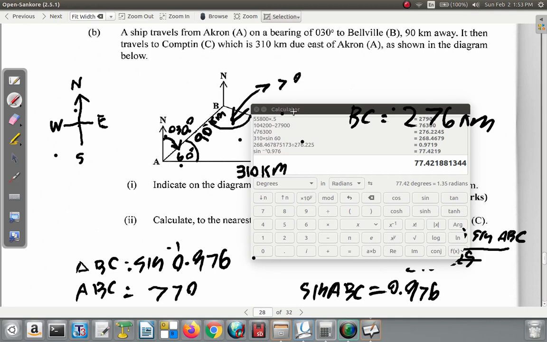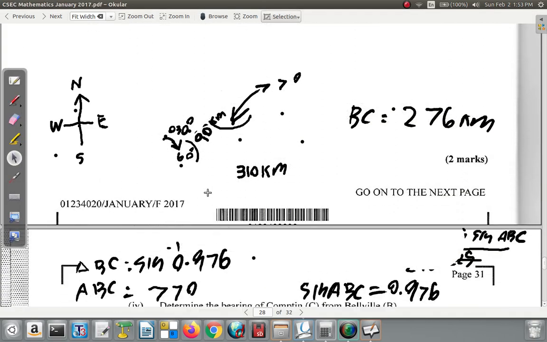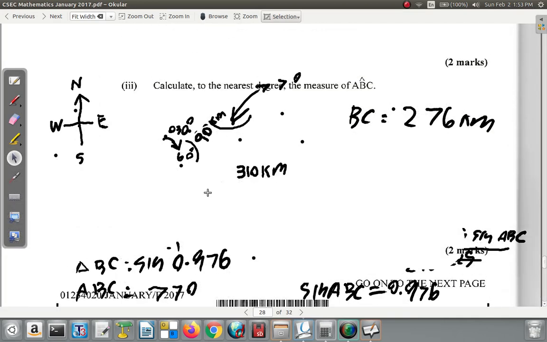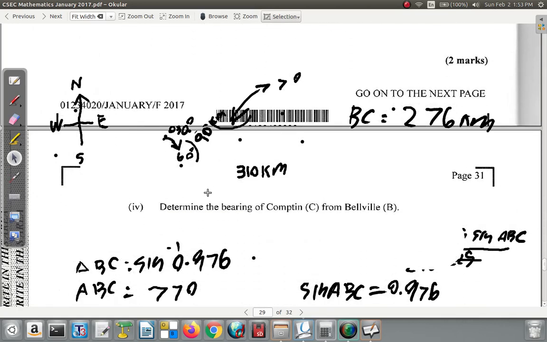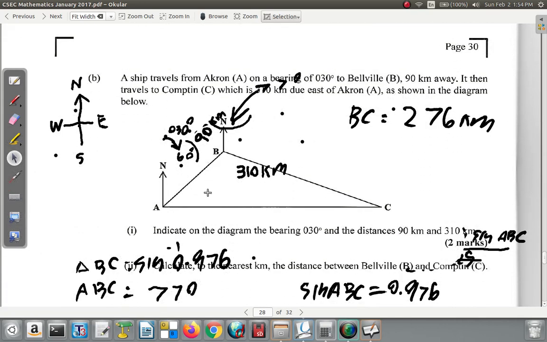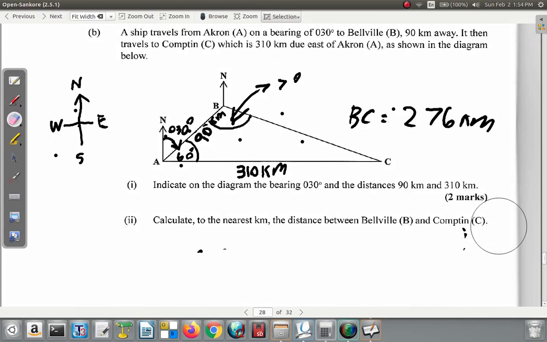All right. Now let's see what else this question was saying. It had said to the nearest degree the measure of ABC, and it says determine the bearing of C from B. Again, we erase to make some space.